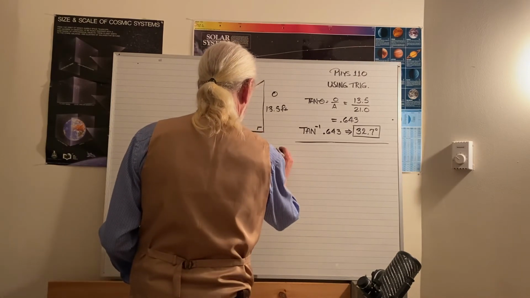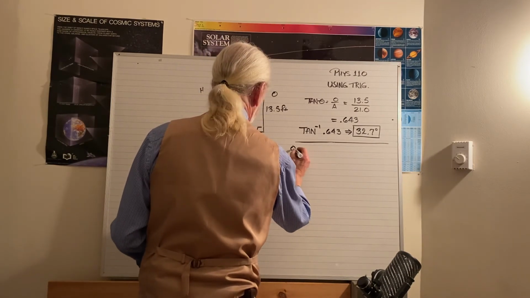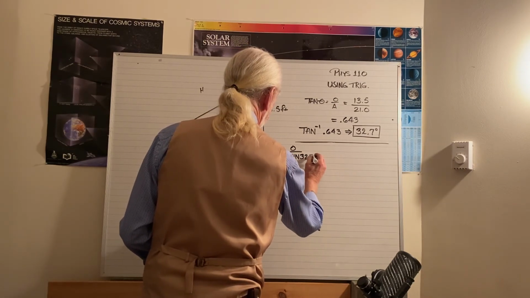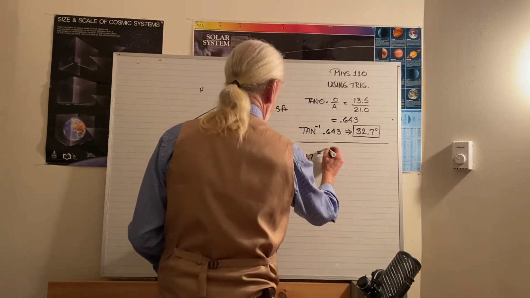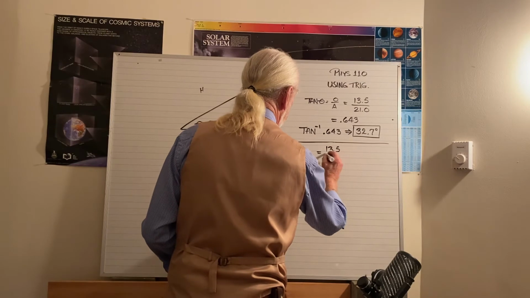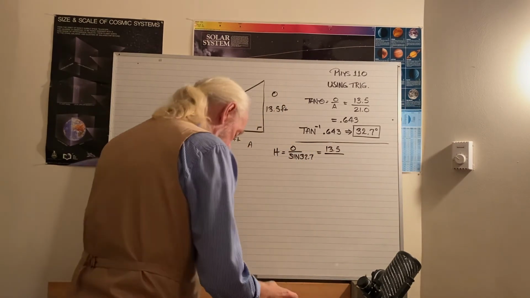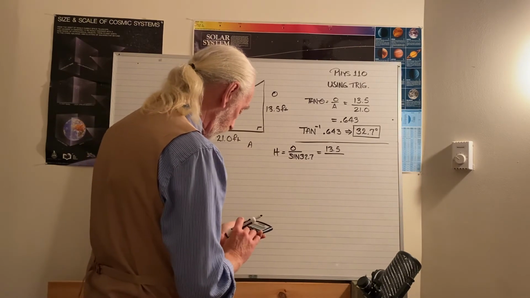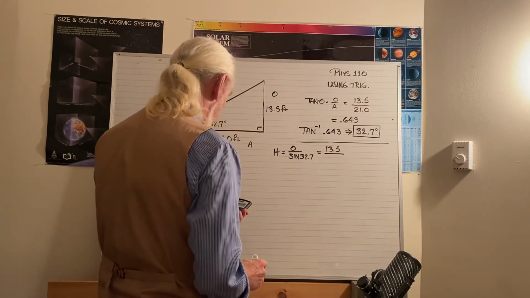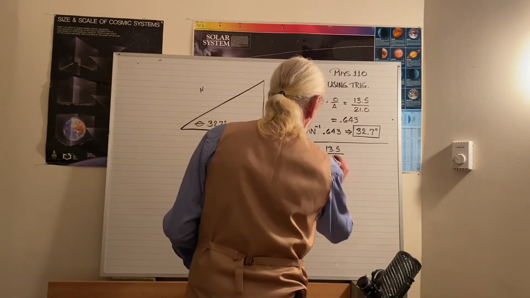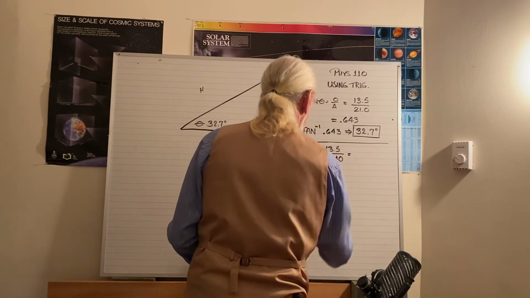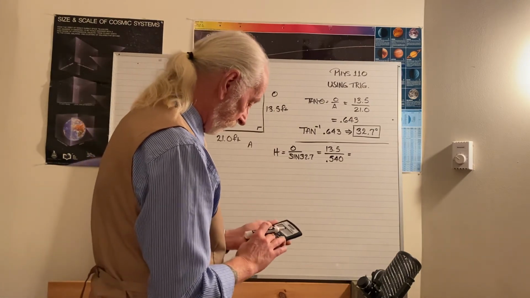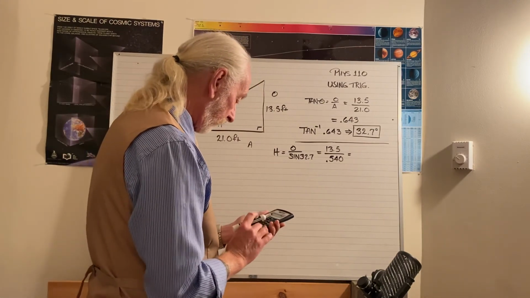My hypotenuse is going to equal opposite over the sine of 32.7, which is 13.5 over the sine of 32.7. I got 0.540. And I got 25 even.